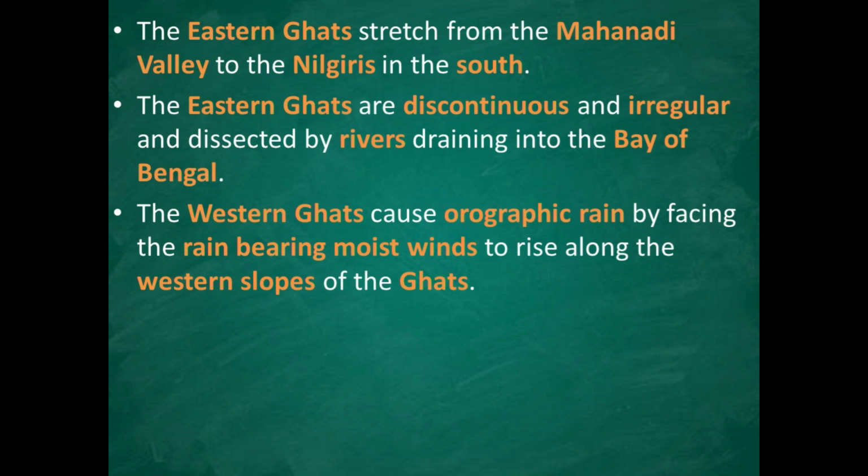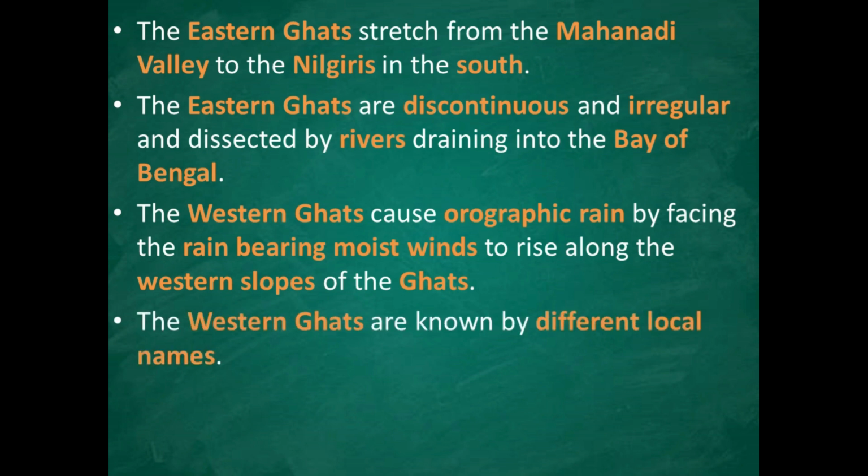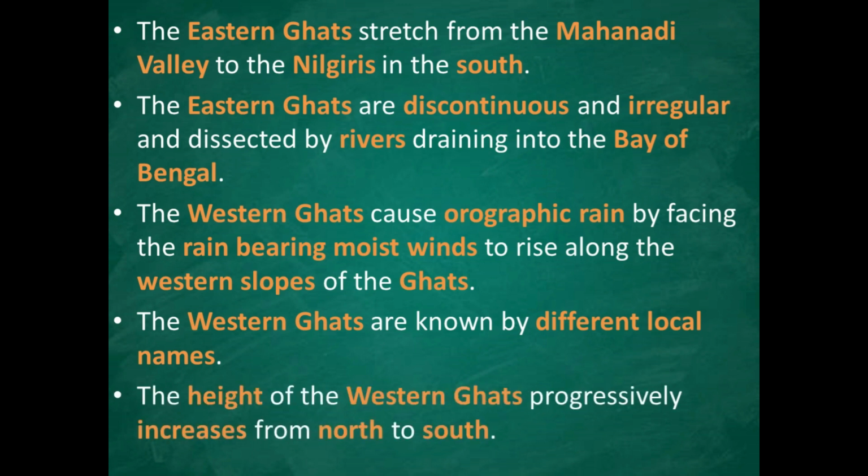The Western Ghats cause orographic rain by forcing the rain-bearing moist winds to rise along the western slope of the Ghats. The Western Ghats are known by different local names. The height of the Western Ghats progressively increases from north to south.